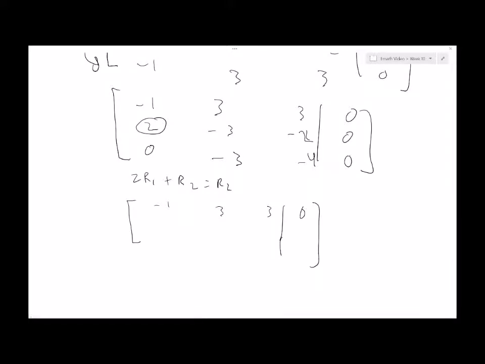And then -2 plus a 2 is 0. -6 plus a -3 is -9. And 6 plus a -2 is 4. Wait, hold on. What am I doing? Oh my god.